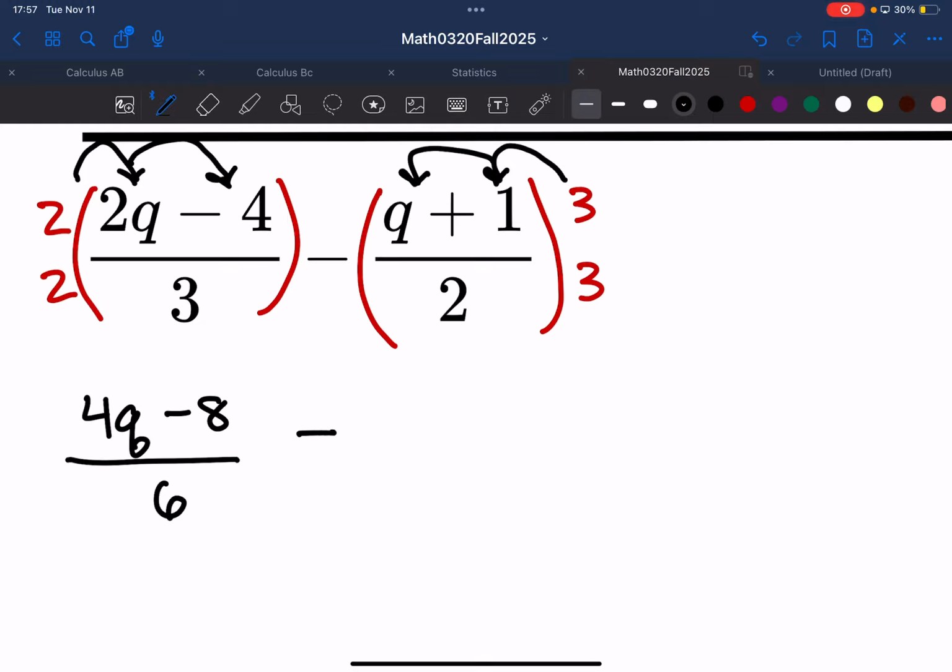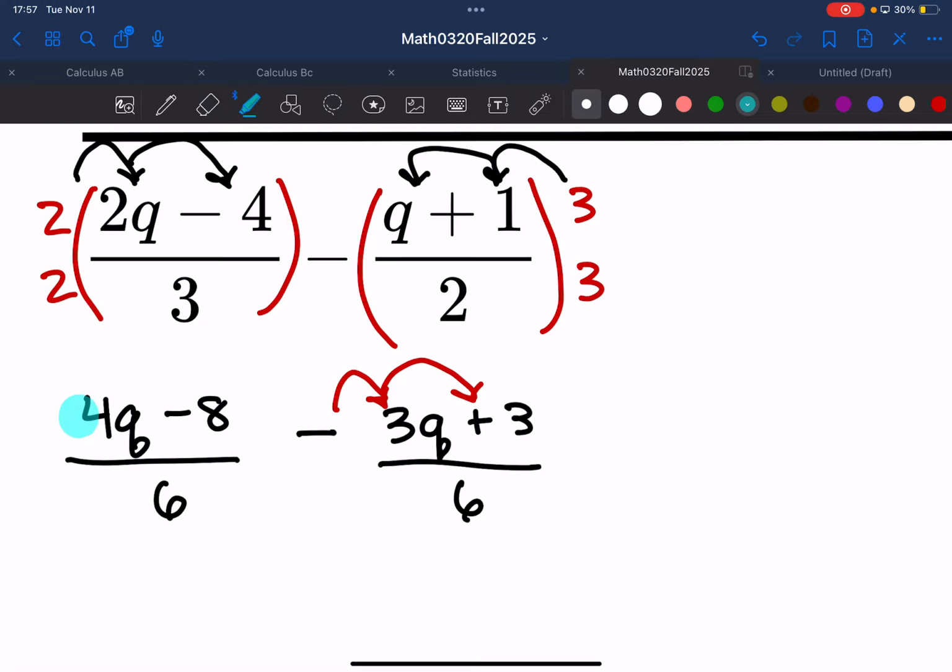Then I have minus, and I'm going to do the same thing with the second fraction. So what's going to be on the top? 3q plus 3, and then of course over 6, because we wanted that common denominator. And since we're subtracting, we have to remember that the subtraction is going to each term. So we're not just subtracting the 3q, we're also subtracting the 3 within the numerator.